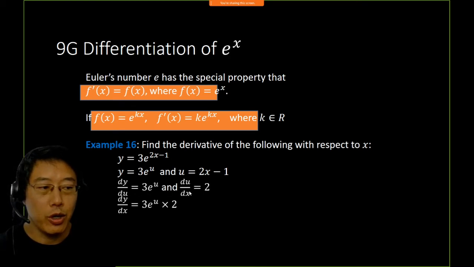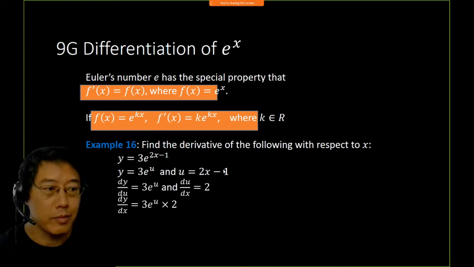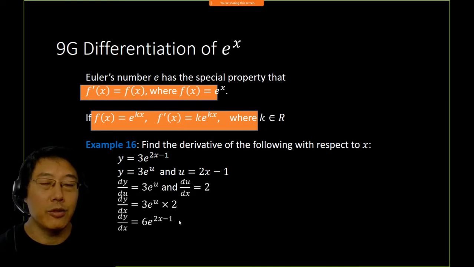Now again, the derivative needs to be in terms of x, and we need to substitute that u function back, which is 2x minus 1. So it's going to be 6 e of 2x minus 1.